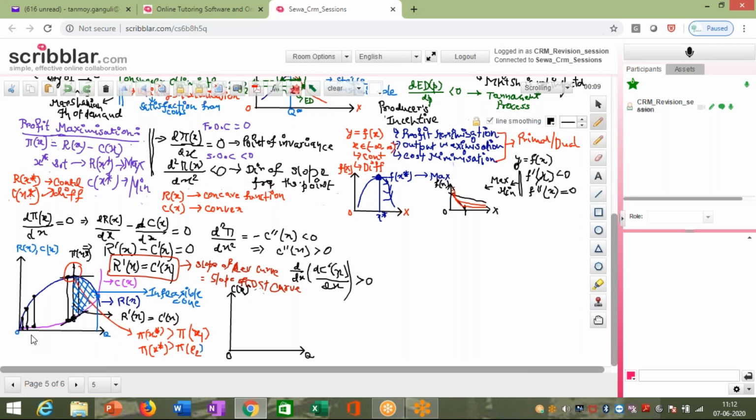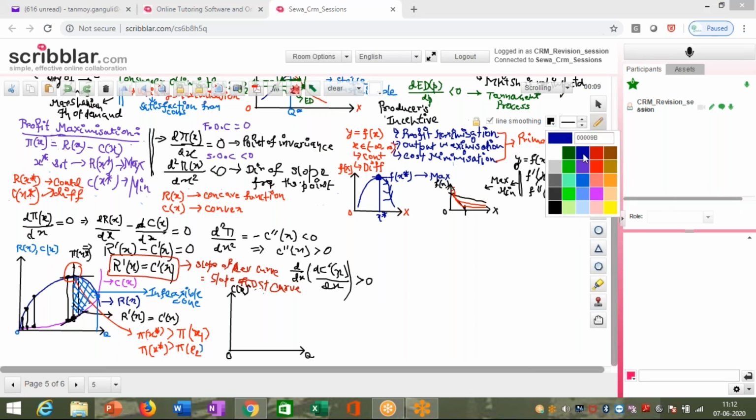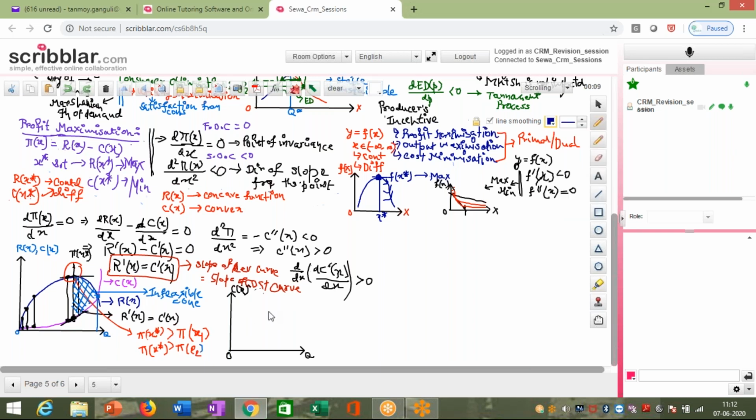So the total increase in the output is much more than the total increase in the cost, and hence in the initial part what you will see is that the average cost of production is gradually declining. That is the reason why you get to see a downward sloping average cost curve initially in these classical cost structures.